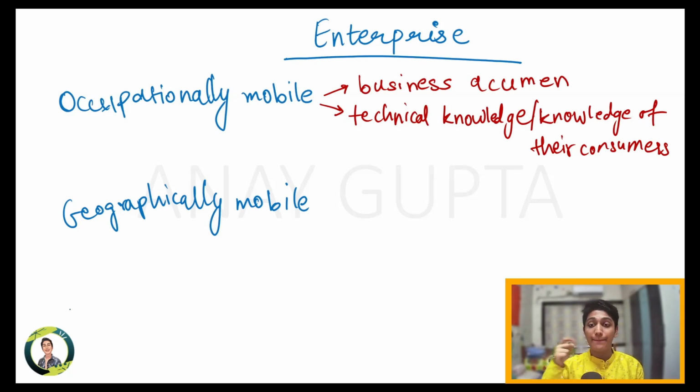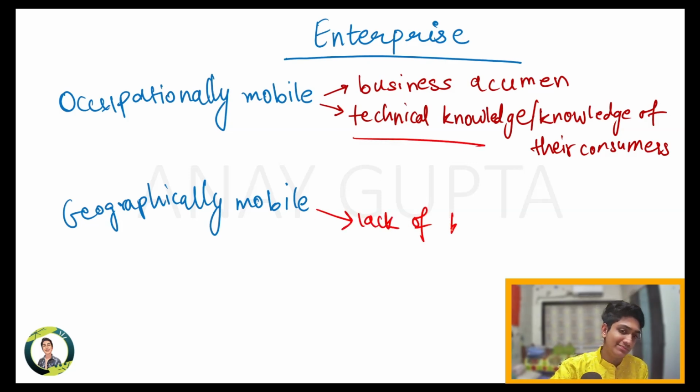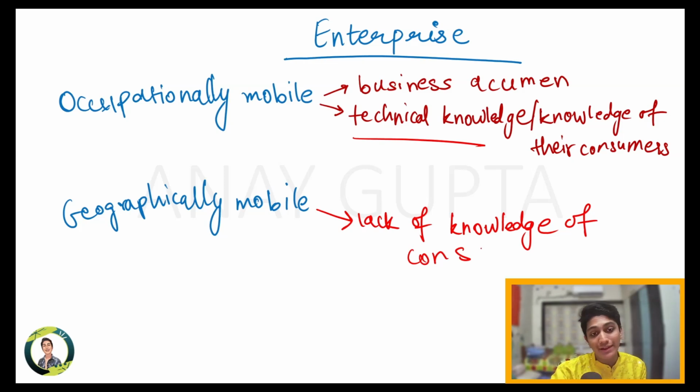But the problem here is that consumers are different. So if the Indian households think in a particular way, the French households may think in a different way, and so there may be lack of knowledge of consumers, which may hamper the mobility of enterprise.